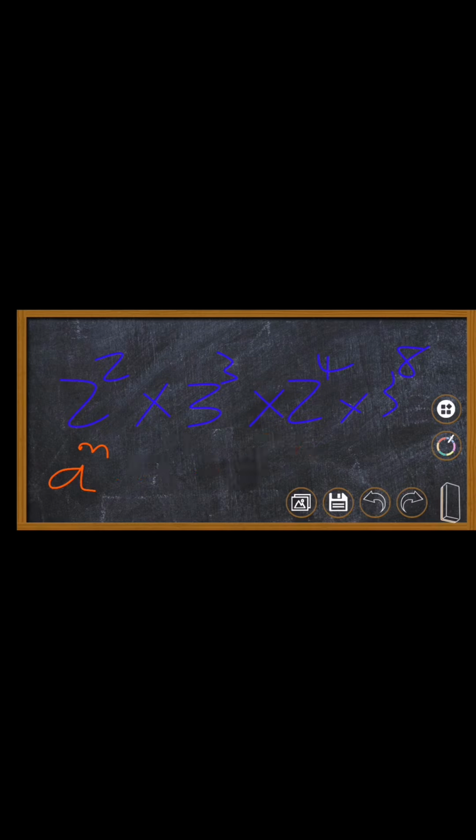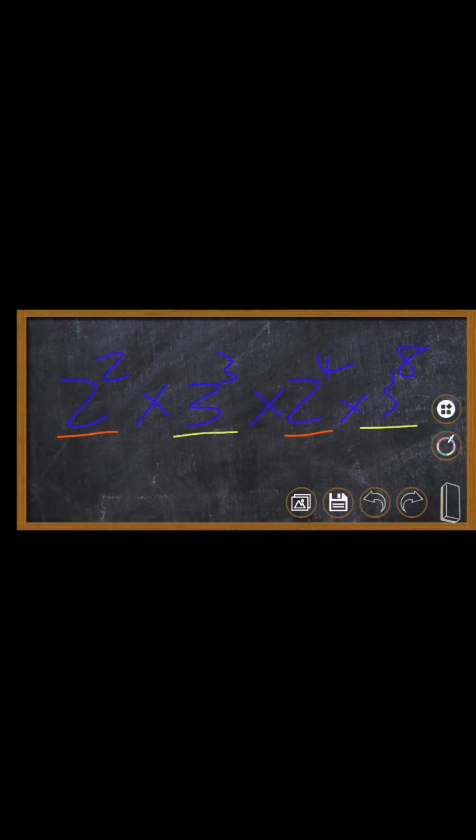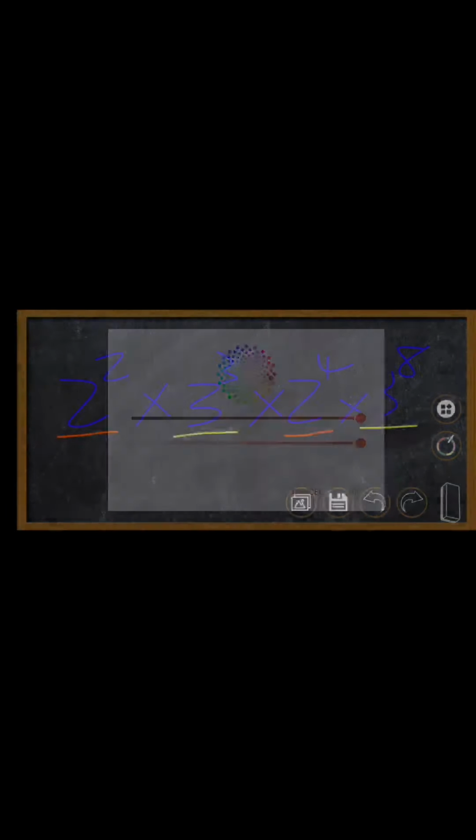So why should we use that rule, and when should we use it? When we have the same bases. So you underline the same bases quickly with the same color. In this case, our 2's are the same, and then we have 3's that are the same. Now you write it down with the colors you highlighted.